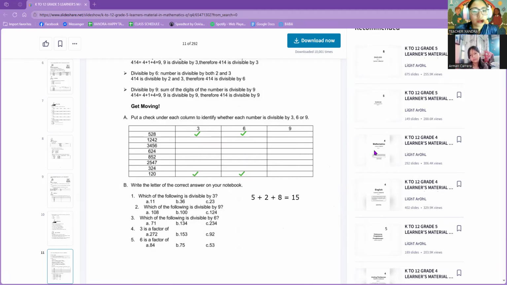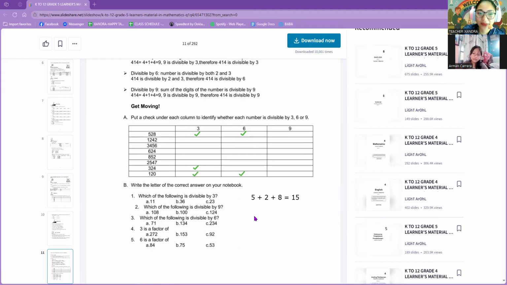Okay, last one, 324. 3 plus 2 plus 4 is 9, so it is divisible by 3.